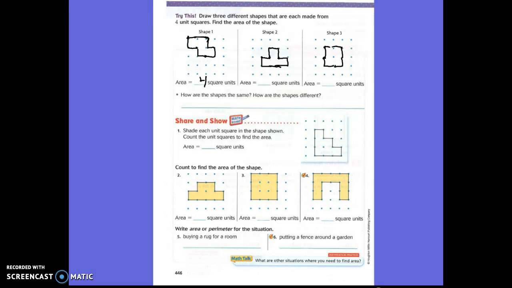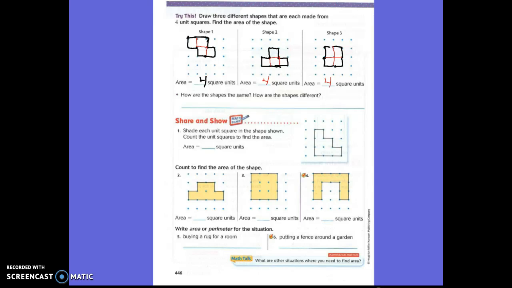But you could see it if you made them. You could see on this one that there are 4 squares, and on this one, and on this one. So each of these areas is 4 square units.